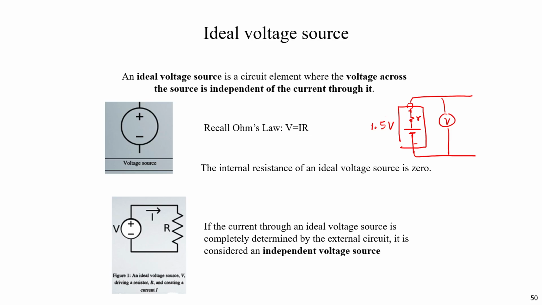But when you take the current, if the current flows, you have the internal resistor here, and the voltage is less than 1.5 volt, right? When the battery discharges the current, usually the voltage drops. But in our calculation, ideally we consider it constant voltage. Okay, constant voltage.